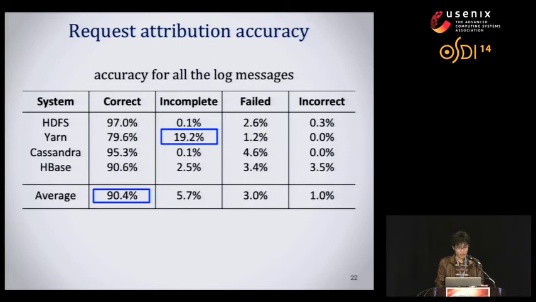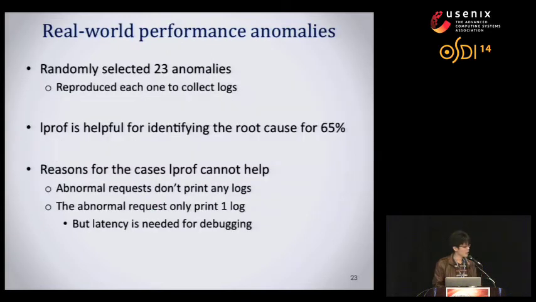Next, we evaluated Iprof on real-world performance anomalies. We randomly select 23 real-world anomalies and reproduced each one to collect logs and use Iprof to analyze the logs. For 65% of them, Iprof can show the anomaly and guide the user to the root cause of the anomaly.